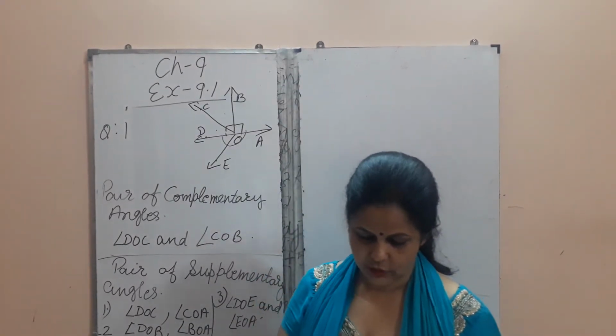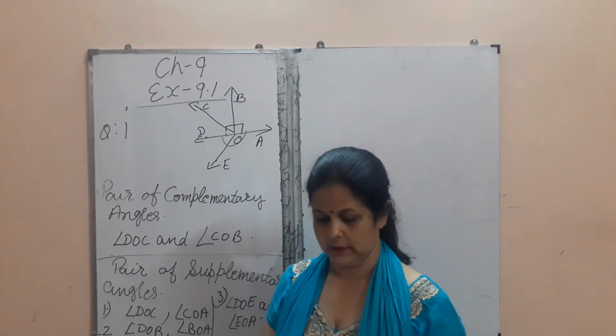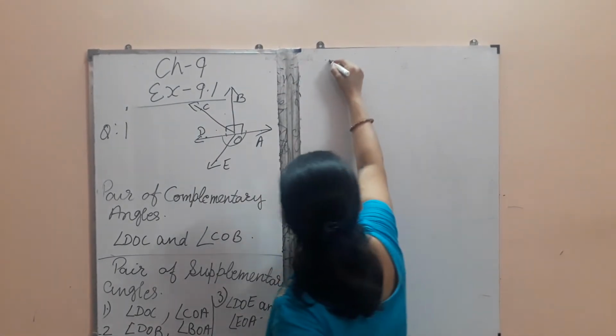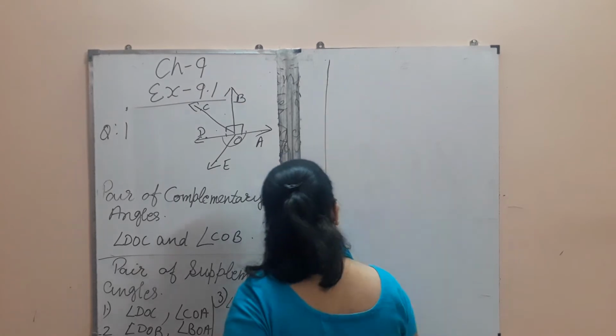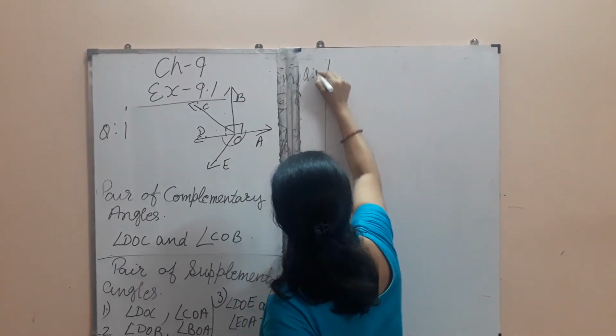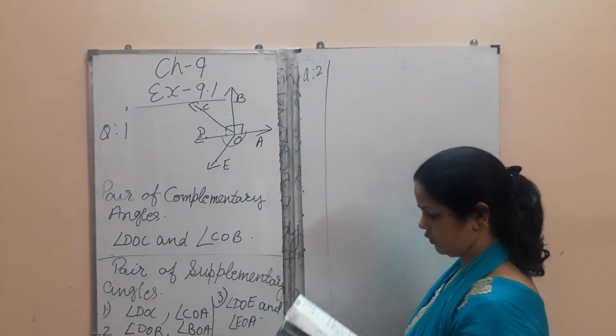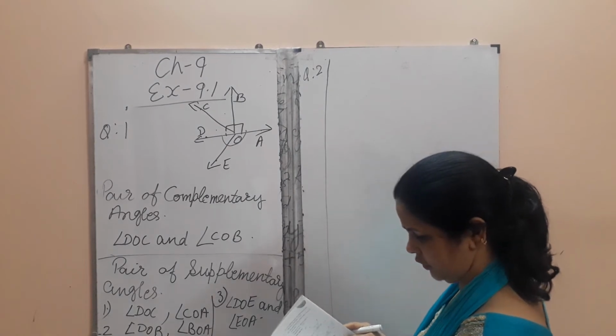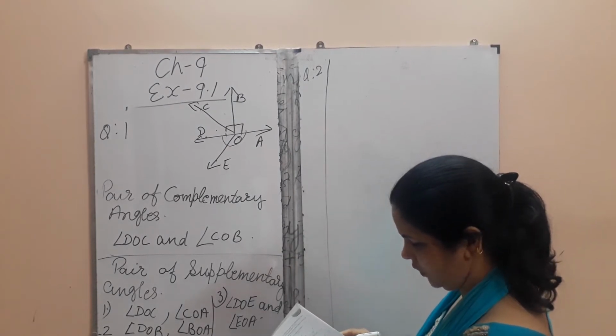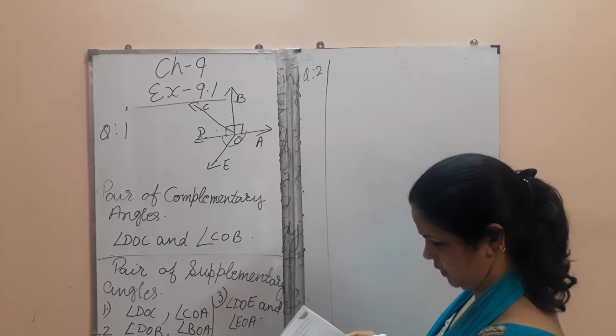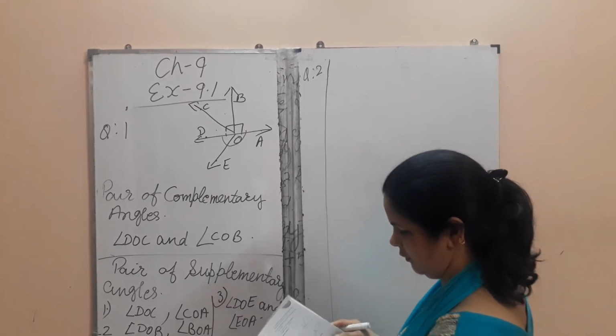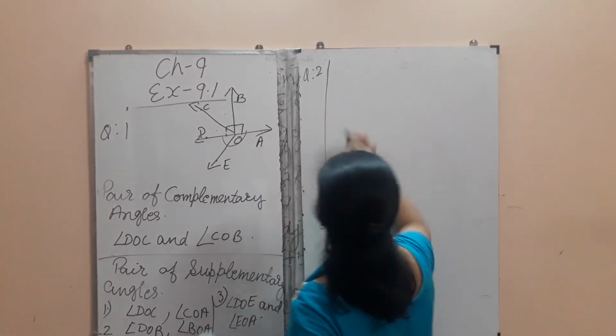Find the complement of each of the angles. This I have explained in the examples. I will solve three parts in this: the 3rd, 4th and 5th.